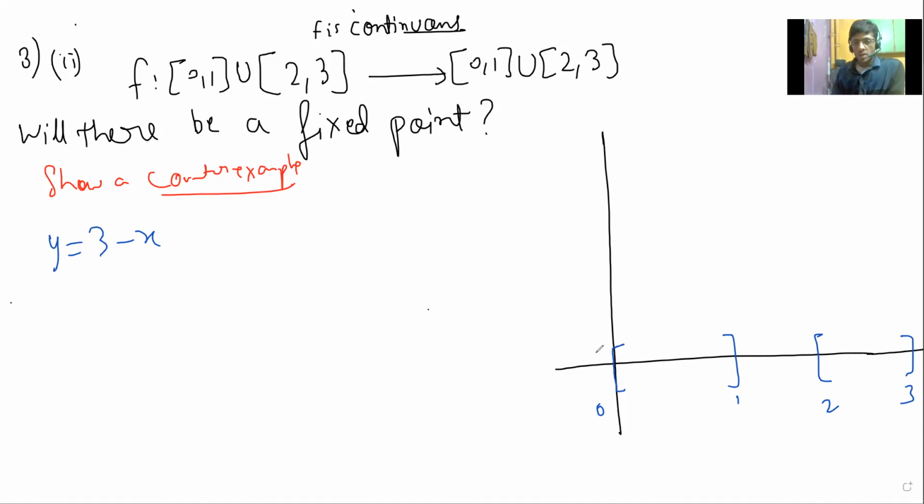Some example we can easily make. Basically just take this 0 to 1 and map it here, and this 2 to 3 interval you can map into the 0 to 1 interval.